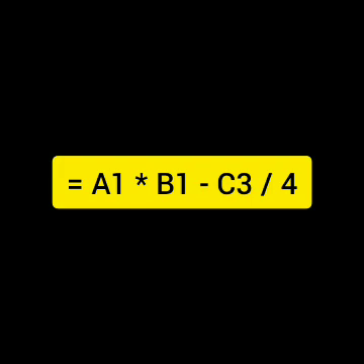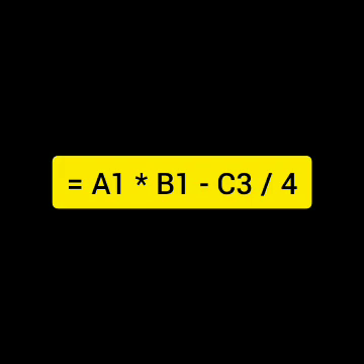Before that we must learn what is an expression. An expression is a combination of operands and operators. For example, A1 into B1 minus C3 divided by 4. This is an expression because it contains different operands and different operators.